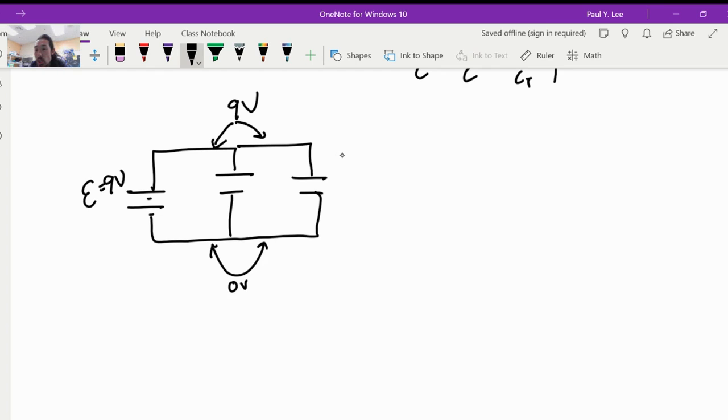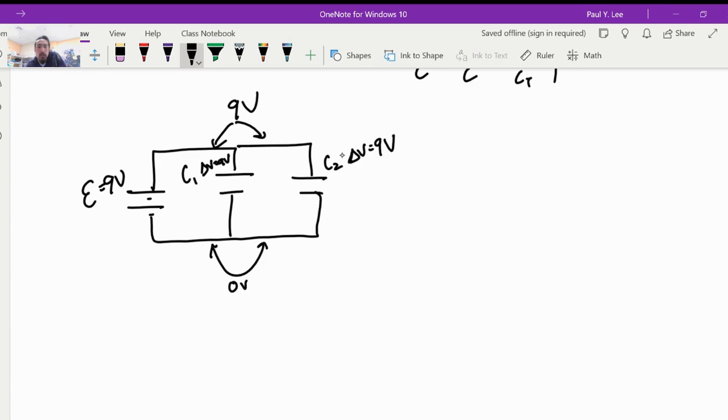So that means that each capacitor sees the total drop of 9 volts. This capacitor C1 in this case will also see a voltage drop of 9 volts, and this C2 will also see a voltage drop of 9 volts. You might realize that the voltage drop is equal to the EMF source, and that's very important.